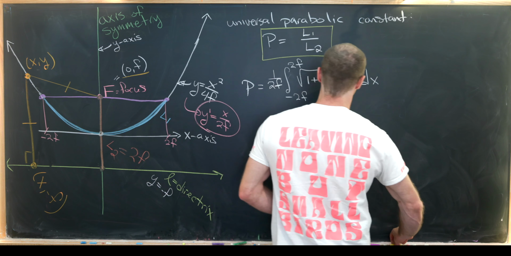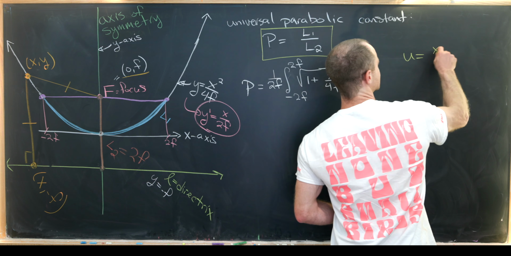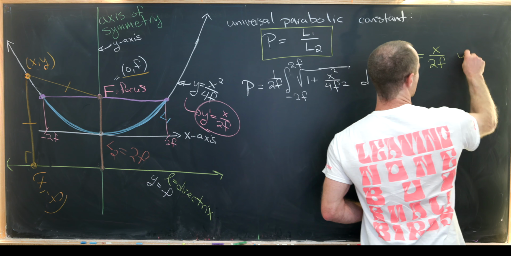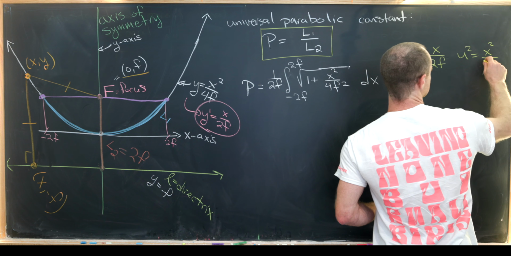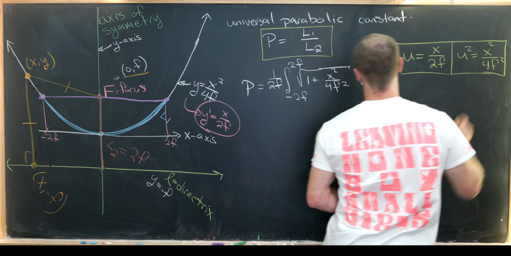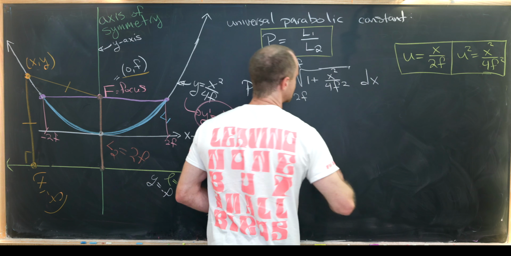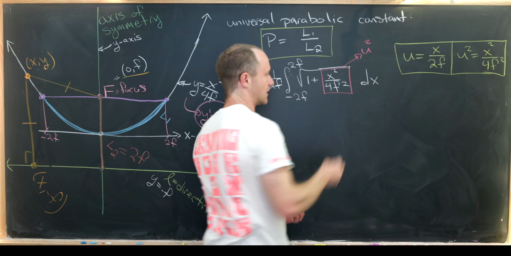So let's set u equal to x over 2f. That means u squared is x squared over 4f squared. That's pretty useful for what we have right here because we see this term is equal to u squared.